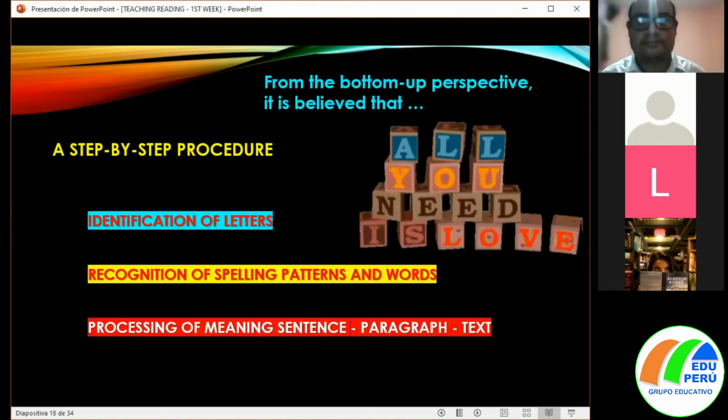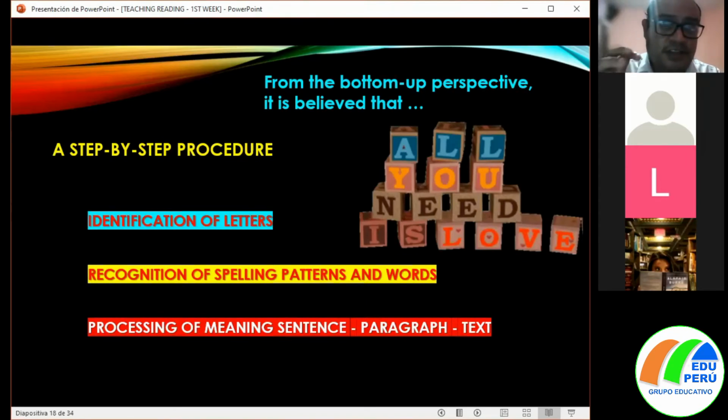Notice this process of reading is focused more on the textual information that we have in the text. First, you identify the letters, then recognize the spelling patterns and words, and finally, you process the meaning of sentences, paragraphs, and text.